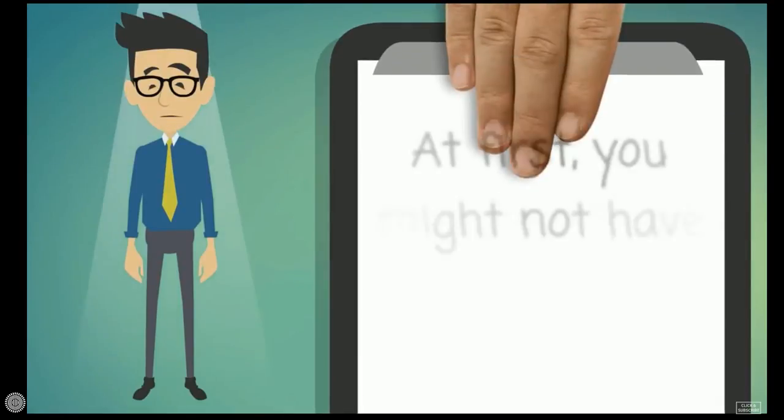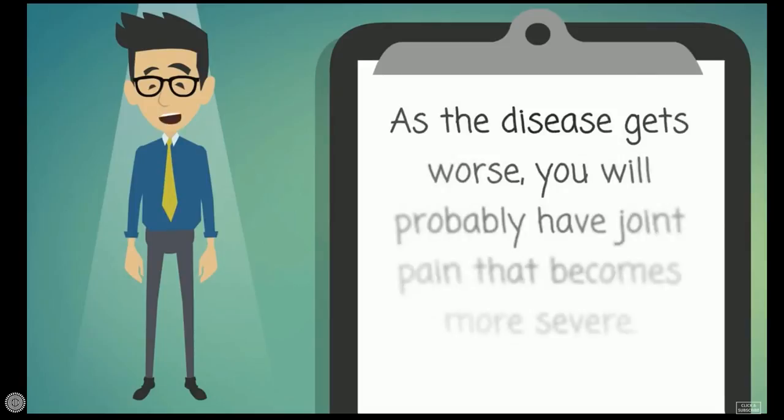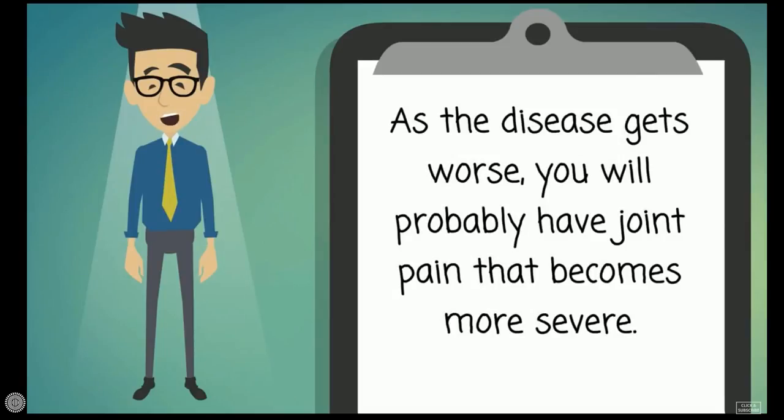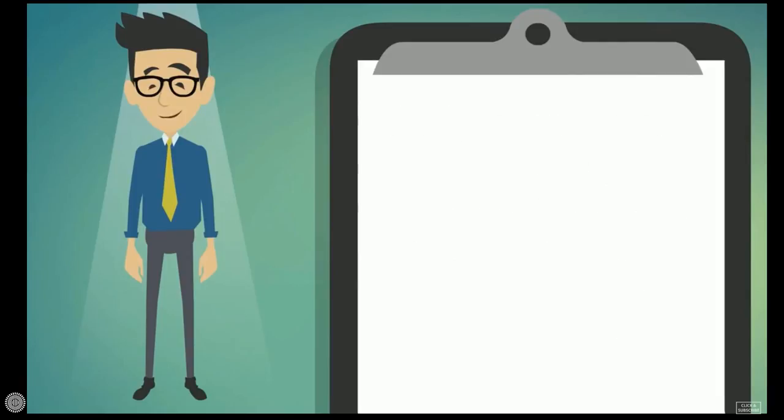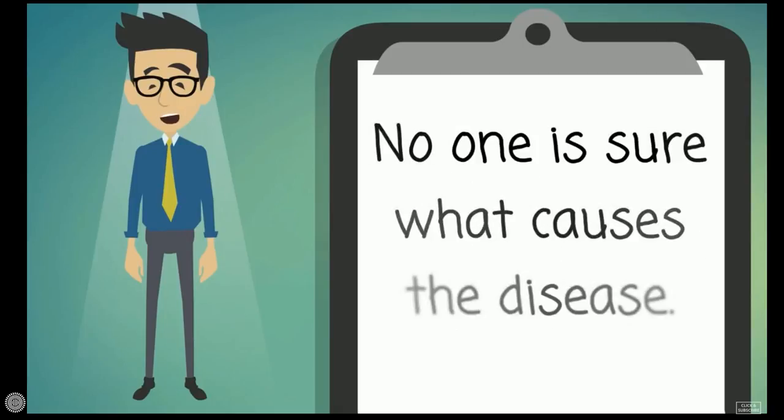At first, you might not have any symptoms. As the disease gets worse, you will probably have joint pain that becomes more severe. You may not be able to bend or move the affected joint very well. No one is sure what causes the disease.